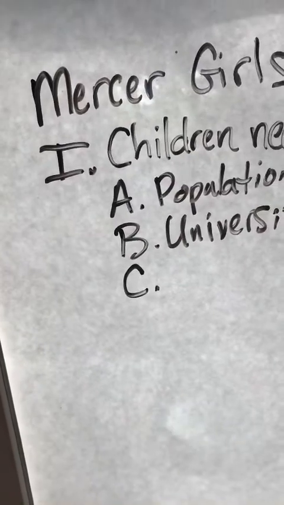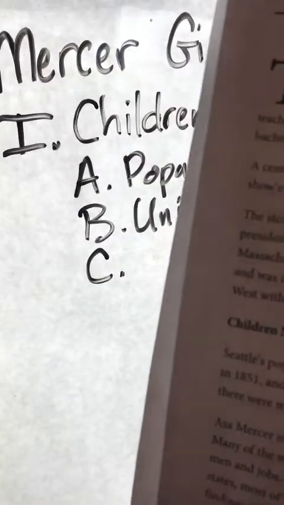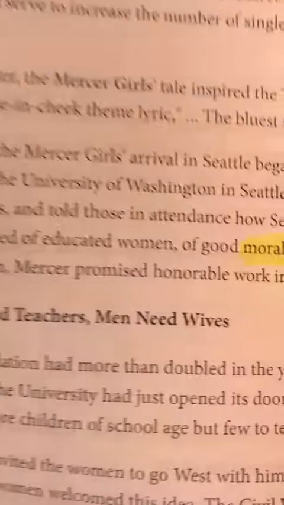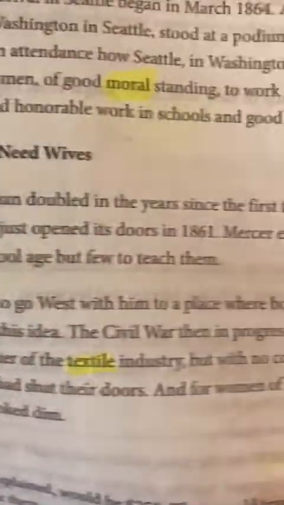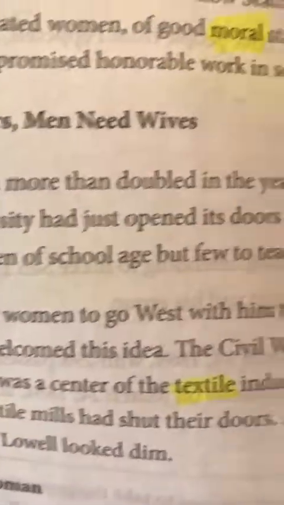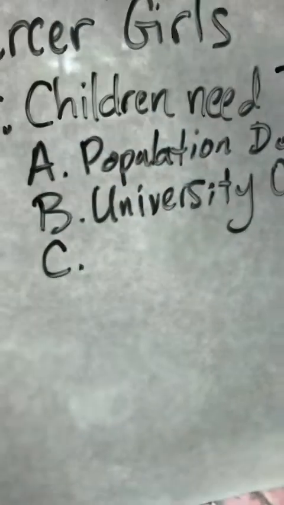And then C, another reason why they needed teachers is because it says as the community grew, there were more children of school age, but no one to teach them.